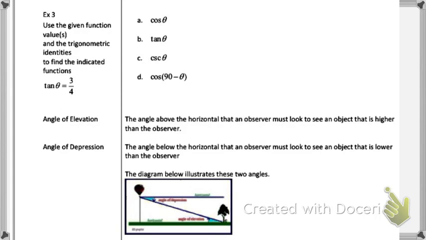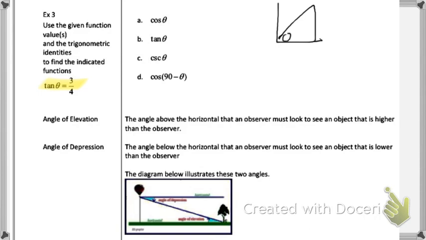So we know over here that tangent of theta equals 3/4. So let's sketch our graph here. It will be in the first quadrant because they're all positive numbers.